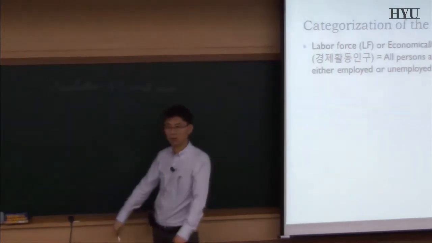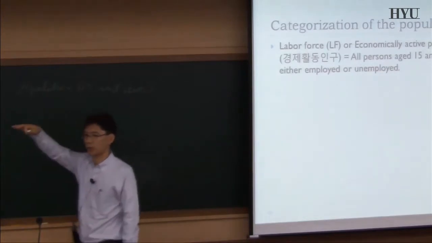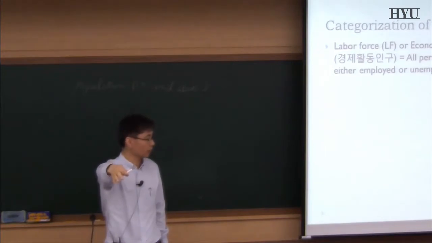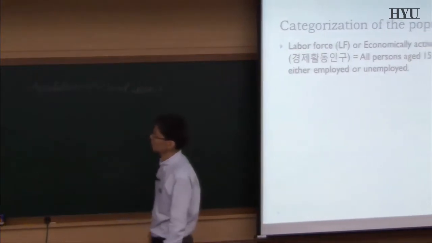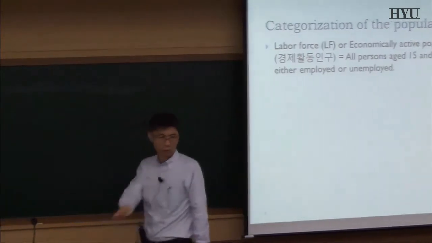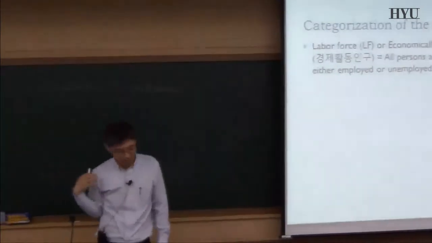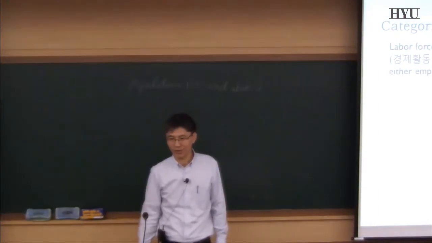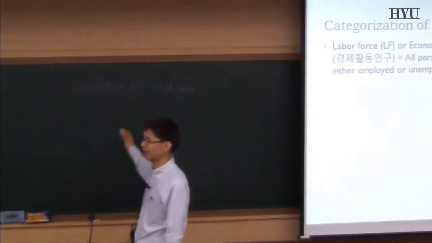Up to age 14, they are not expected to work, so we cannot count them as part of the population we are interested in. So let's think of a population 15 and above. All of you, including myself, should be in this population group. Probably some of your nieces and nephews and your younger brothers and little sisters are not in this group.